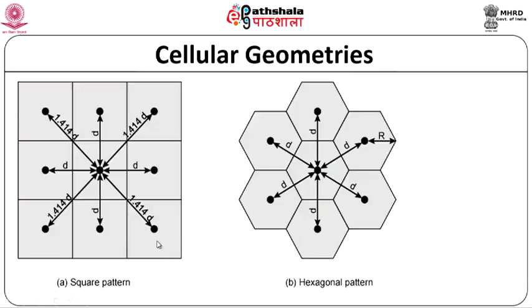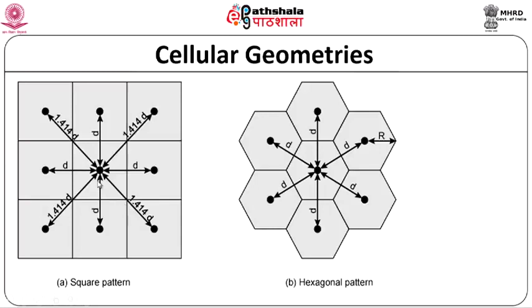Okay. So, if you look at the cell geometries, you could have for instance a square pattern. You have the antenna right at the center, and you can have adjacent cells which are all square in shape. In this case, for the ones which are horizontally and vertically adjacent, the distance between the two centers will be d, whereas for the diagonally adjacent ones, the distance will be 1.414 d.